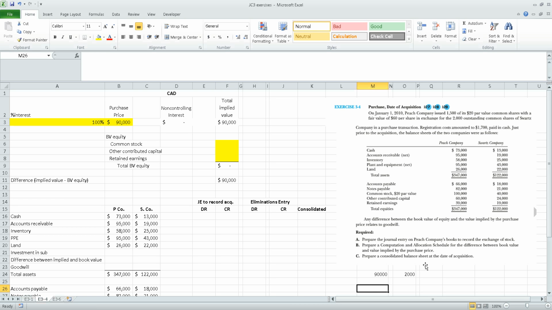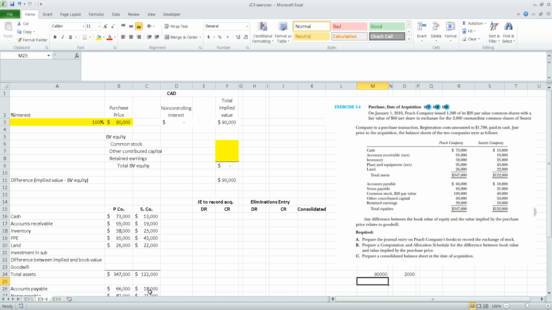Okay, so part A of the problem asks us to prepare the journal entry on Peach Company's records to record the exchange of stock. So the entry's pretty straightforward.